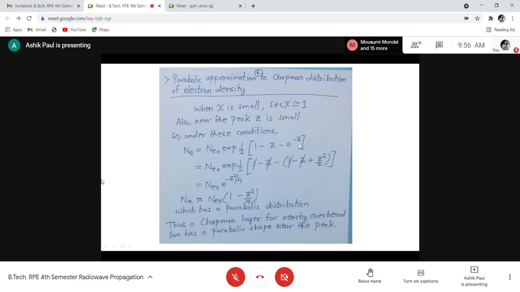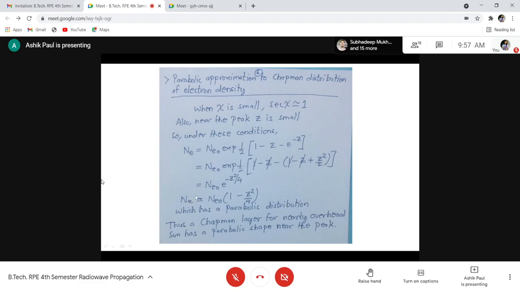And if we expand this e to the power minus z and limit it up to the quadratic term, this will be like 1 minus z plus z squared by 2. So these things cancel out, and you are left with ne overhead e to the power minus z squared by 2, and there's a half in front, so e to the power minus z squared by 4.